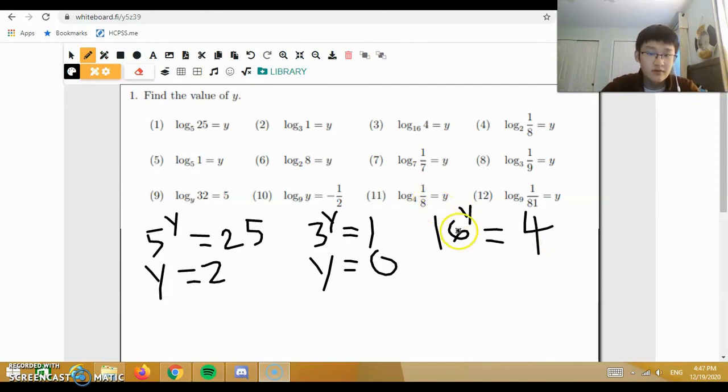If you look at the relationship between the two numbers, the base and the argument, you would know that the square root of 16 is equal to 4. And if you can catch that relationship, you can understand what y is. In this case, y is equal to 1/2, because the square root of 16 is equal to 4, and y represents taking the square root of something. So let me write this down.